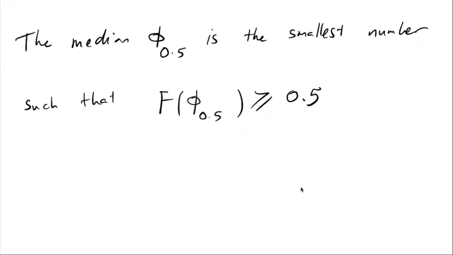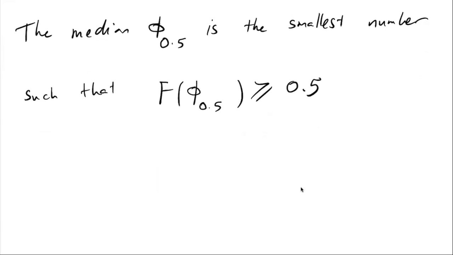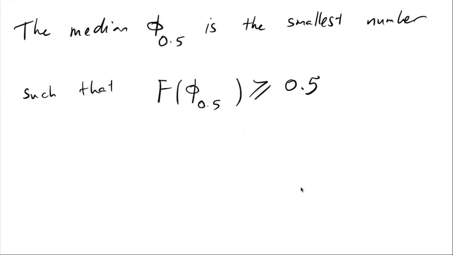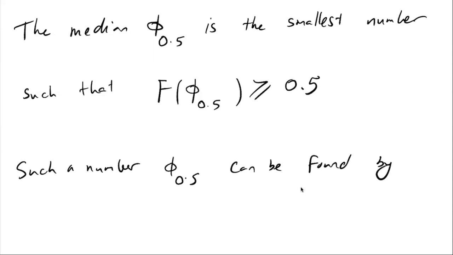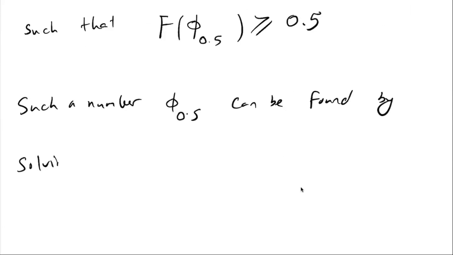Let me write down what I just said. Such a number, phi sub 0.5, can be found by solving capital F of t equals 0.5.